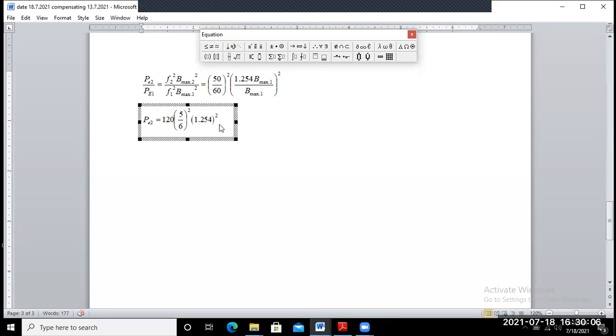So you can write this value as 120 into 25, that is 5 square, into 1.254 square, that is 1.254 into 1.254, divided by 6 square, that means 36.